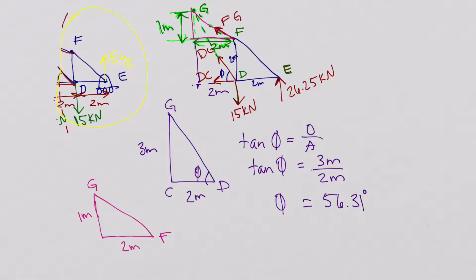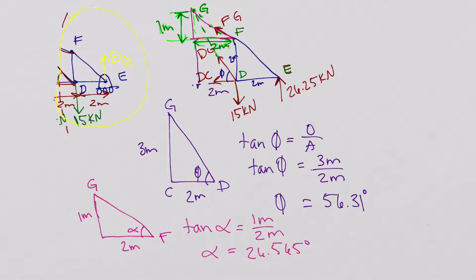We know it's 2 meters horizontally, and we want to find this, let's just call it alpha. So again, we can do that. Tangent of alpha equals opposite over adjacent, so 1 meter over 2 meters. That'll give us an alpha equal to 26.565 degrees.